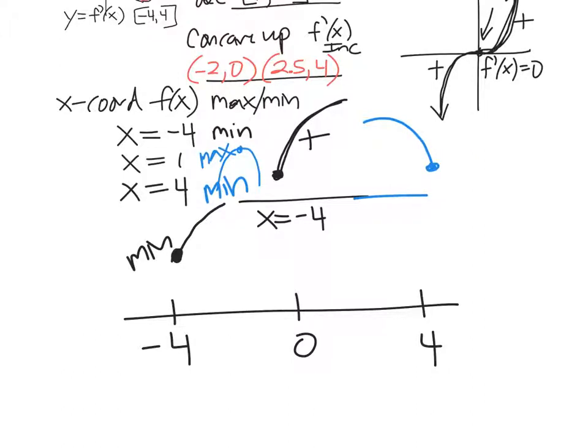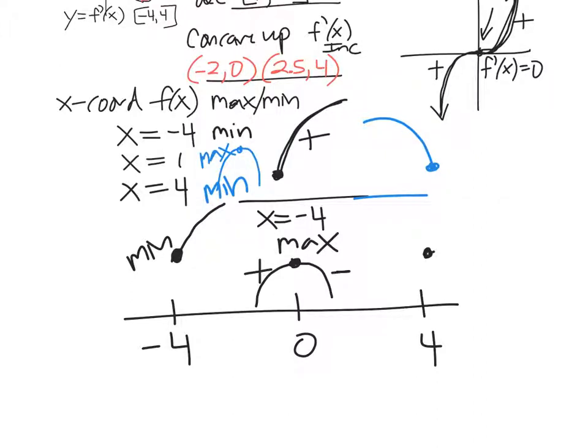And then what about 0? What's happening on the left side of 0 is that our graph is increasing because it's positive, and then it's decreasing on the other side. Positive, negative. So that would mean it's a maximum. And then if you look at 4, nothing's happening on the right.